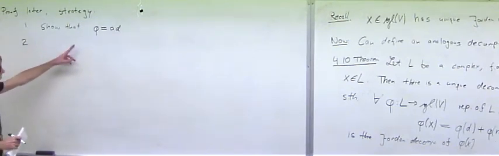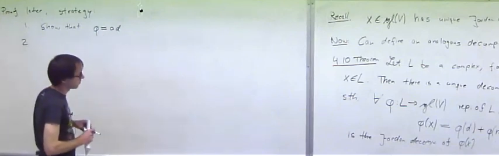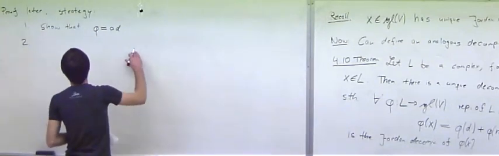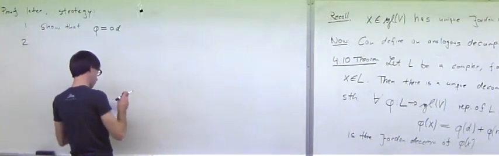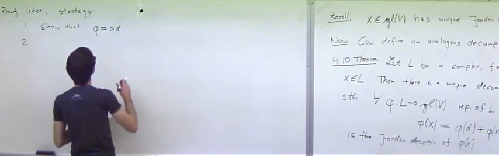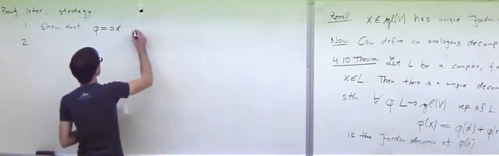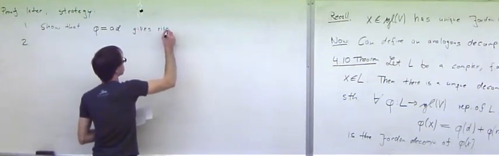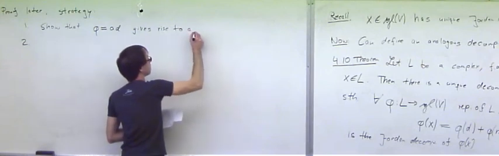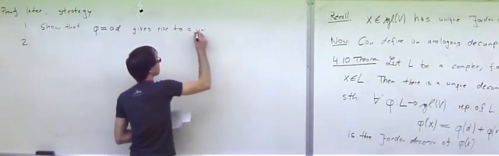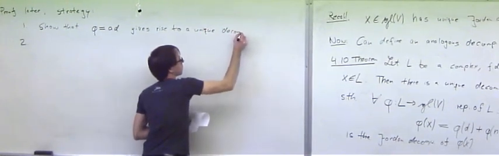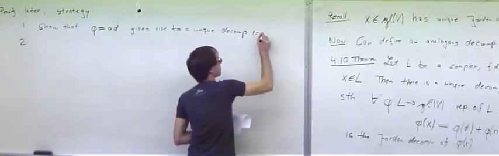If I only consider this one representation instead of the family of all possible representations, then this already gives rise to a unique decomposition x is d plus n.